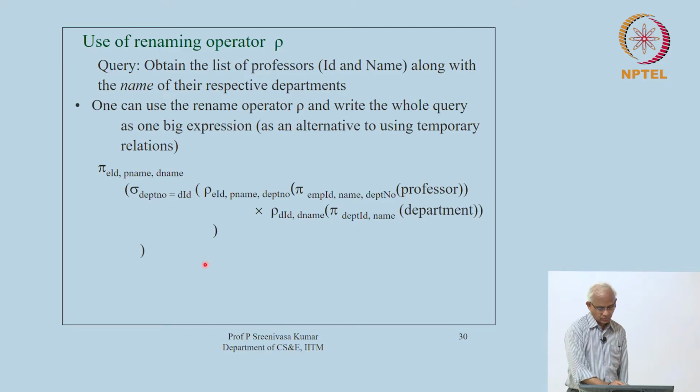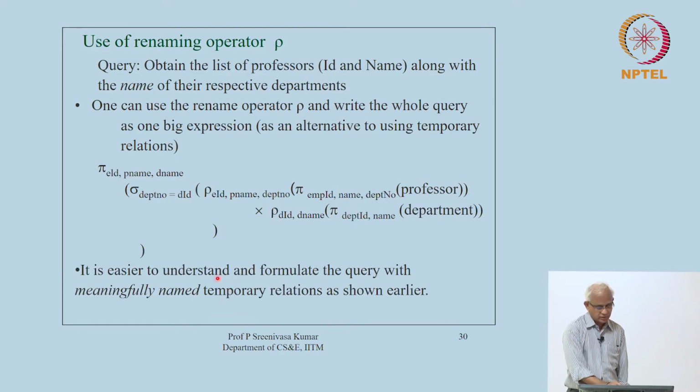These brackets seem to have moved here and there in this slide, but this bracket closes this, whereas this one closes that. So, one can write it as a big relational algebra expression like this, but you can see that it is easier for us to understand and formulate the query if we use these meaningfully named temporary relations.